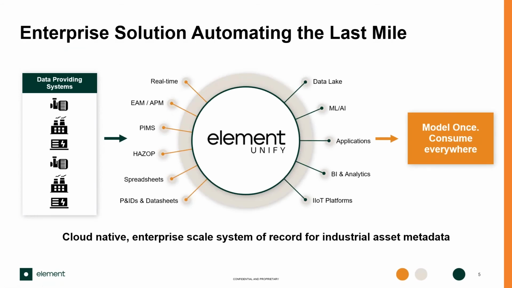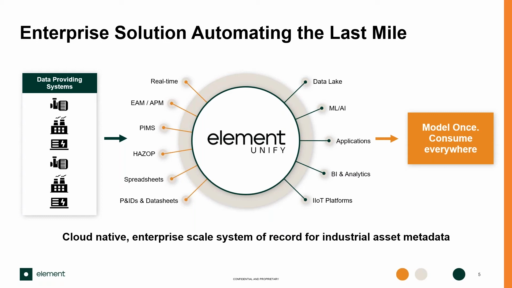So first, I want to talk a little bit about what Element is so that you understand what you're going to see when we go into the software. So we have a lot of different sources of information, real-time data, PI, SAP is what we're going to focus on today, but you've also got laboratory information, you've got engineering information, you may have HAZOPs and other types of safety information.